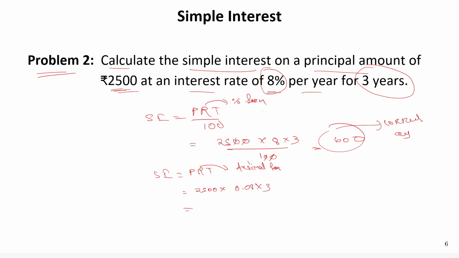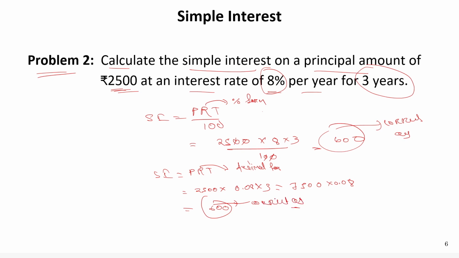So this is also equal to 600, because 2500 into 3 is 7500, and 7500 into 0.08 is equal to 600. So 600 will be the correct answer.